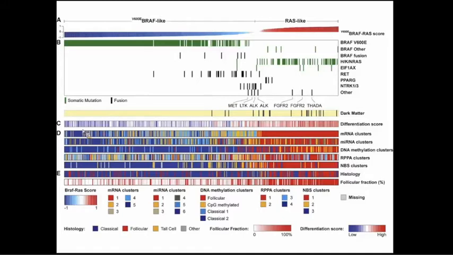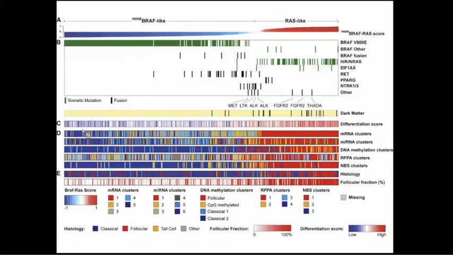And what was immediately obvious was that if you just looked at the gene expression clustering, which is what you're seeing over here, the tumors that harbored RAS mutations were quite distinct in their gene expression profile from those that harbored BRAF mutations. So the notion here was perhaps one could subclassify this disease in a way that's independent of knowing what the genetic lesion is by creating a score.